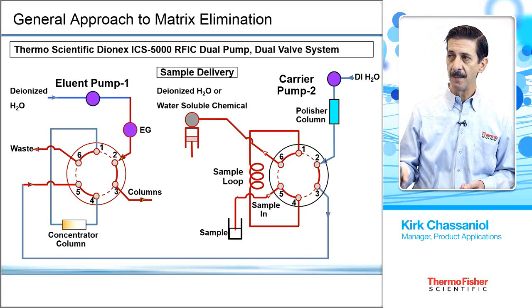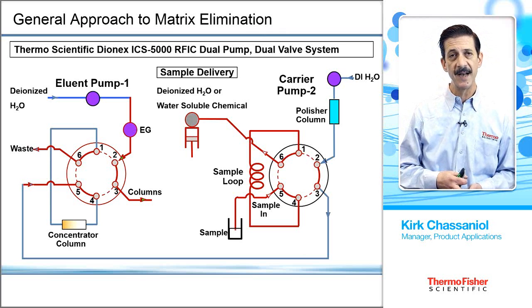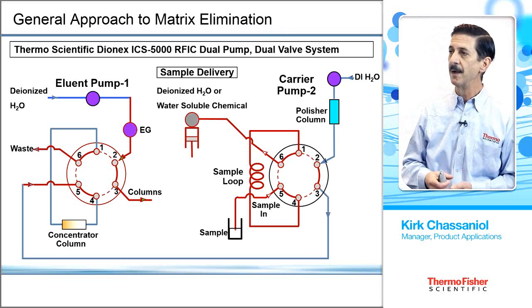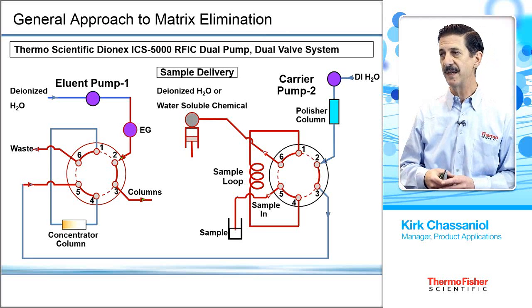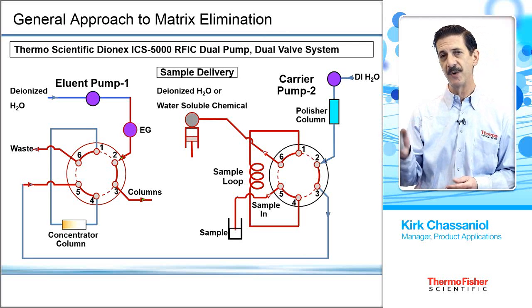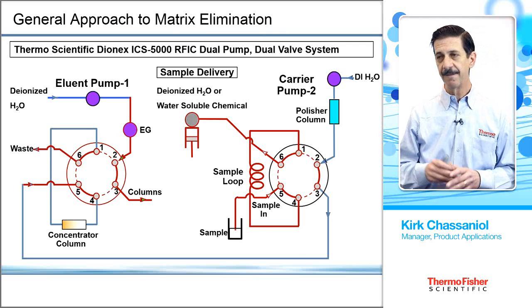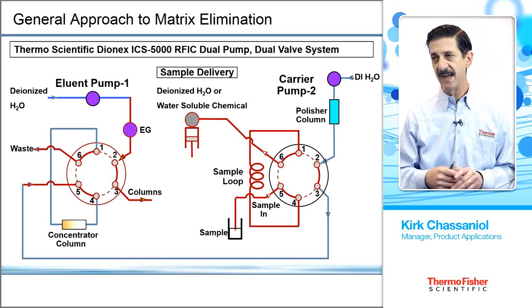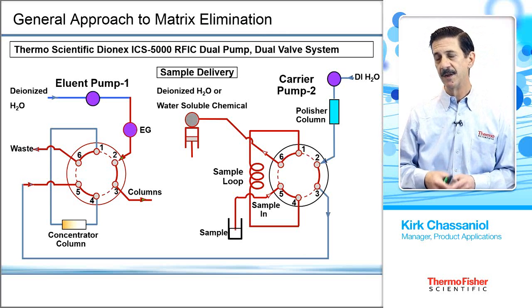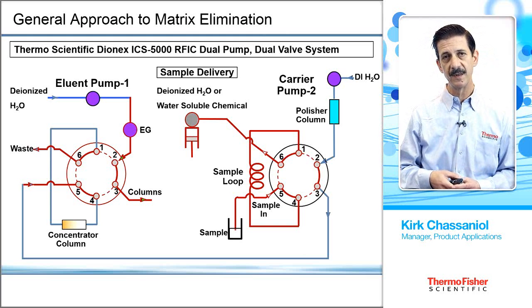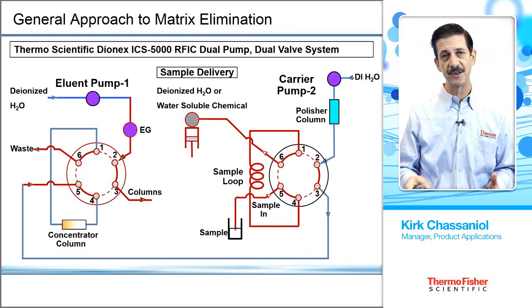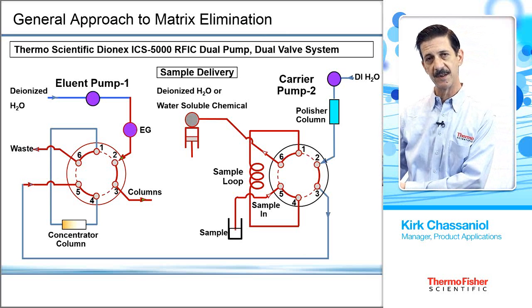We have a pump, and it's designated in the diagram as carrier pump 2, that pushes, displaces that sample from the large loop onto a concentrator column. It further washes away the matrix or enriches the sample. So this is a two-valve approach that we use to help us employ matrix elimination. As I said, it's a general technique regardless if it's coupled with a combustion sample preparation system.